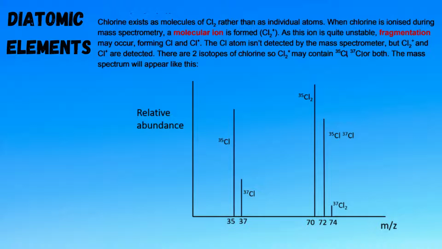There are two isotopes of chlorine, so the chlorine molecular ion may contain Cl-35, Cl-37 or both. The mass spectrum will appear like this. As you can see here, Cl-35 is here, Cl-37 is here, and then the mass of the molecule: 70 is of 2 Cl-35 atoms, 72 is of Cl-35 and Cl-37, and 74 is of 2 Cl-37. So that's the output you get for diatomic elements.